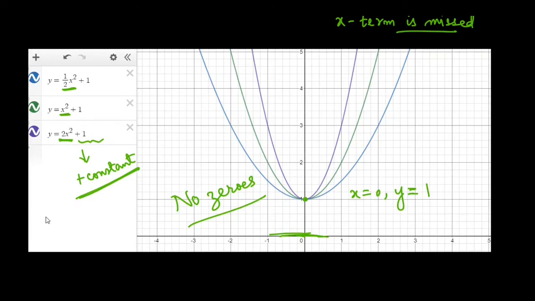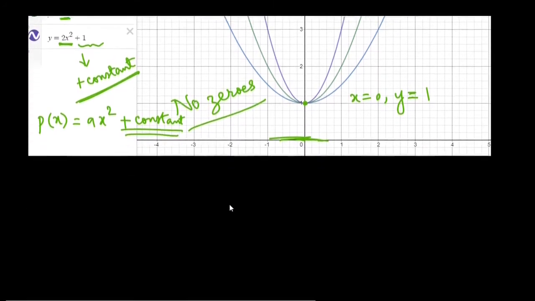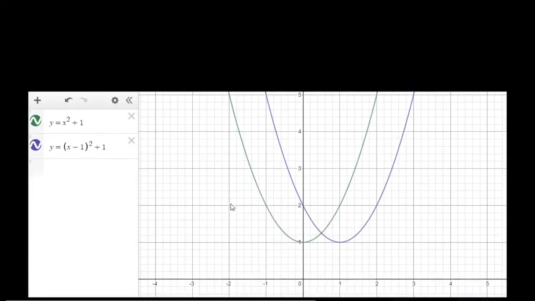So whenever the polynomial is in this form, p is equal to say a x square plus some constant, and here it is a positive constant, then that polynomial doesn't have zeros. There are no zeros for that polynomial. Let us see some more examples.